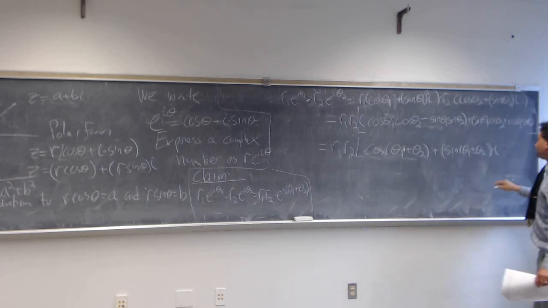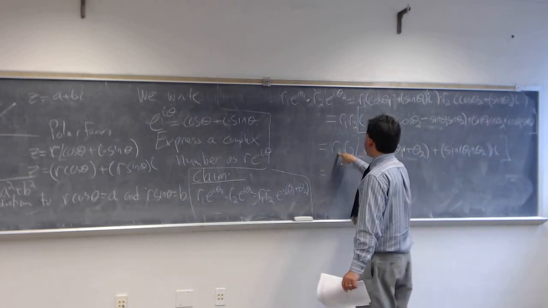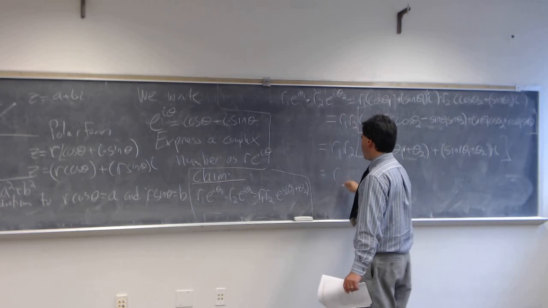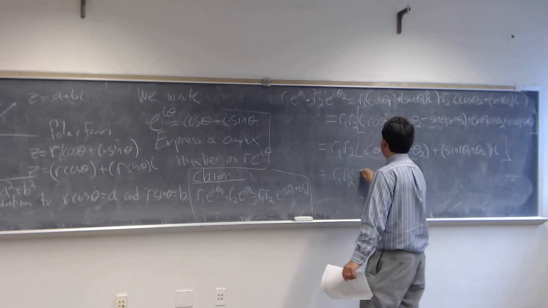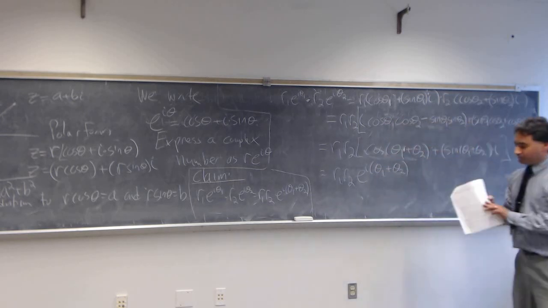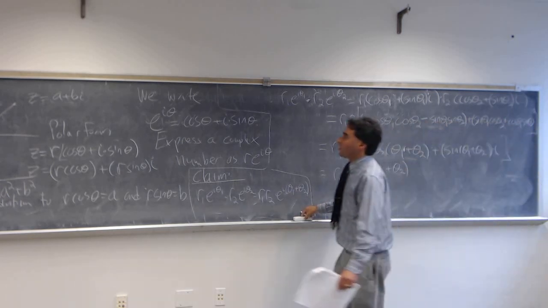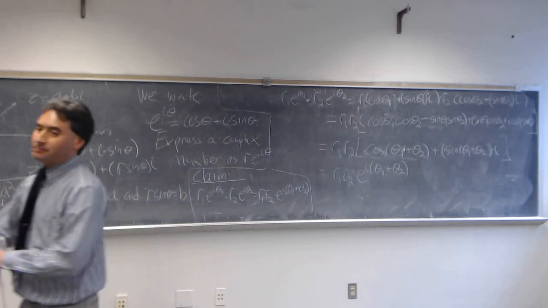And that's times I. But this is exactly R1 times R2, this is exactly e to the I theta 1 plus theta 2. And we can generalize this into De Moivre's theorem.